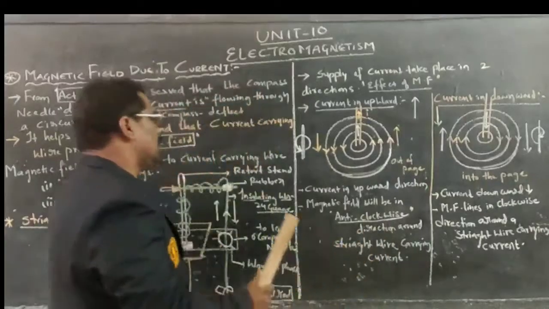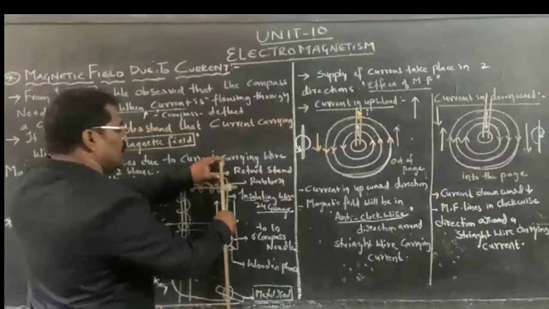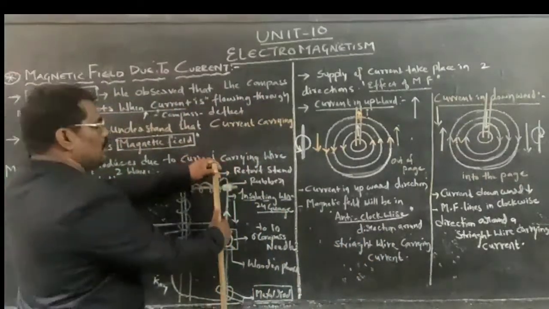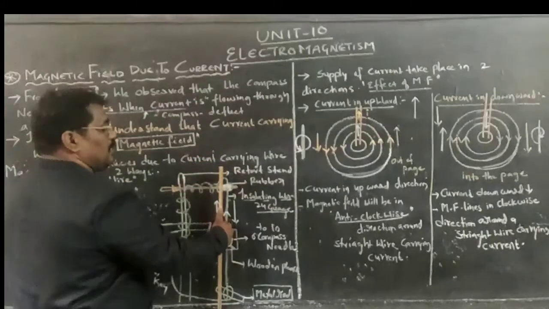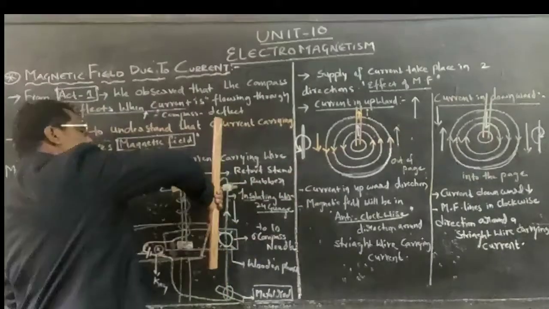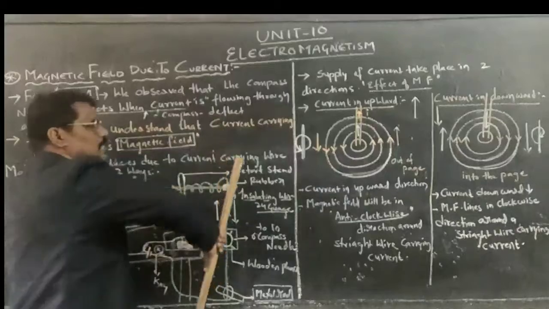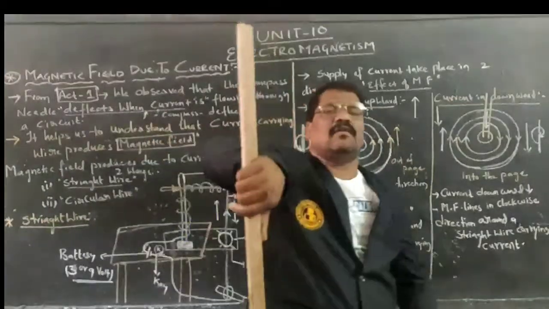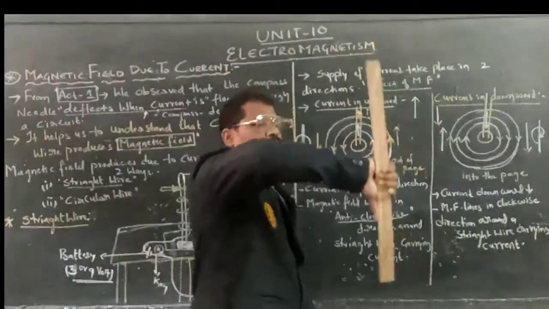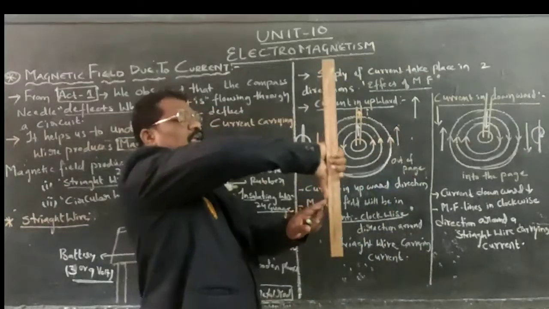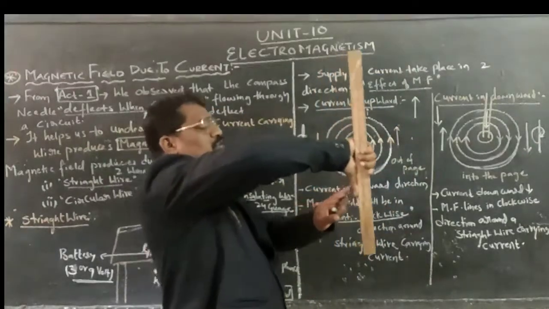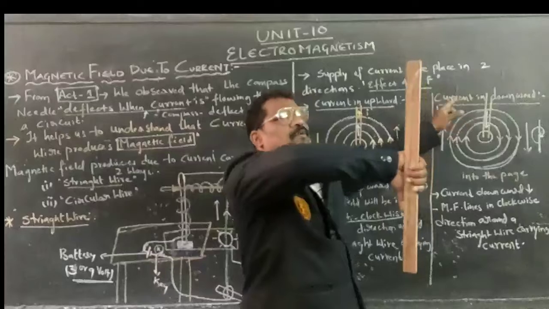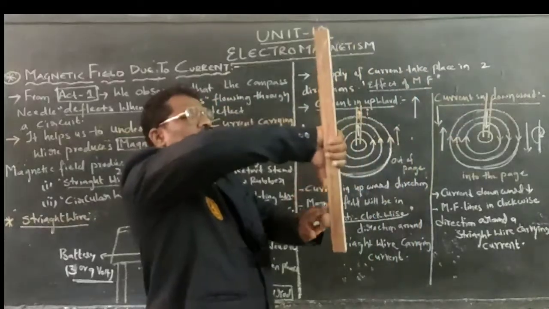Suppose now, if this is a current carrying wire, I explain by means of the right hand Ampere rule, having taken upward direction. Now I would like to explain with downward direction. Here the thumb indicates the current flowing in downward direction.